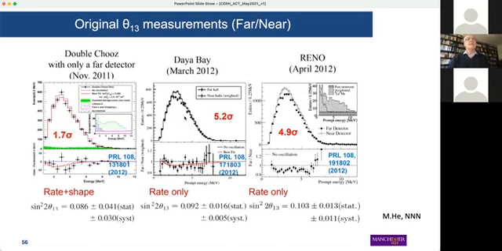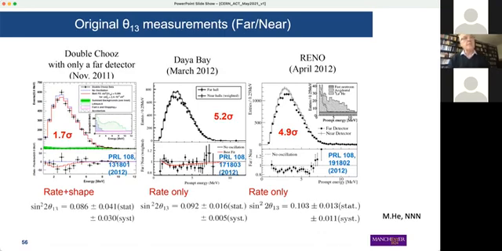And they all did a similar measurement, which is comparing the rate of antineutrinos at their far and at their near hall. And you see that there is a depletion, and this depletion can be described by theta 1,3, and you get actually very precise measurements out of this.